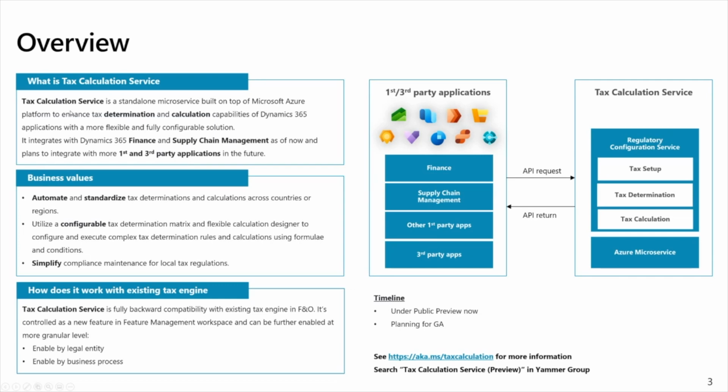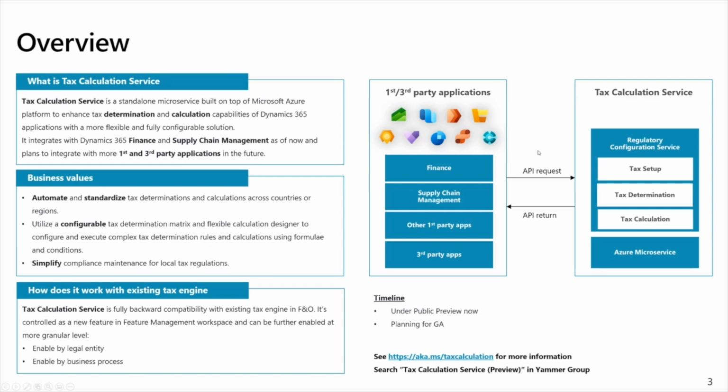So tax calculation service is a standalone microservice built on top of Microsoft Azure platform, and the tax calculation service focuses on the tax determination and the calculation part of the full life cycle of tax management. With this technical architecture, a microservice-based feature, tax calculation service can be available for multiple applications, not like the existing tax engine in FO.